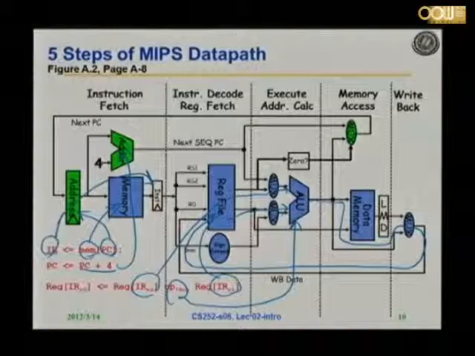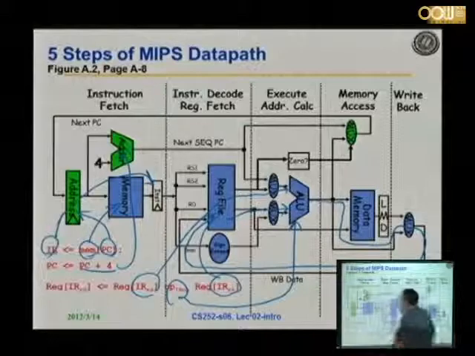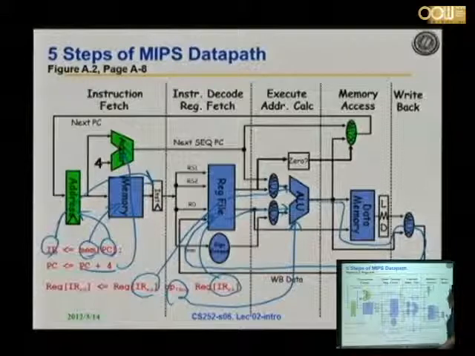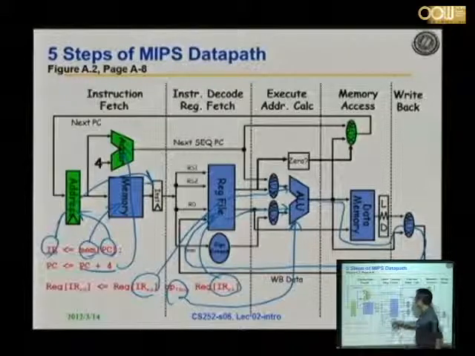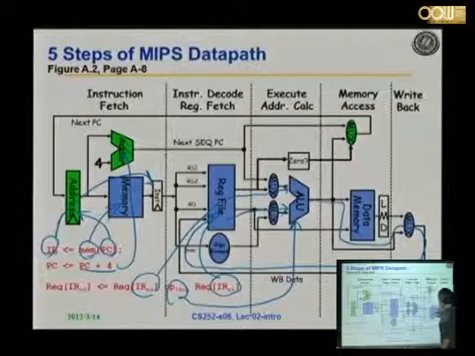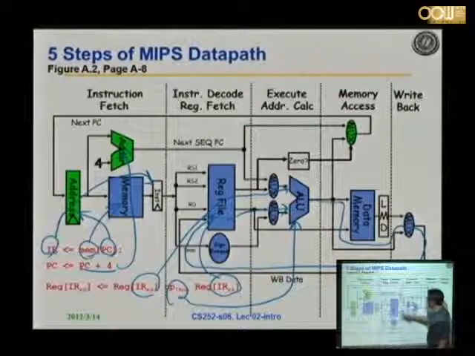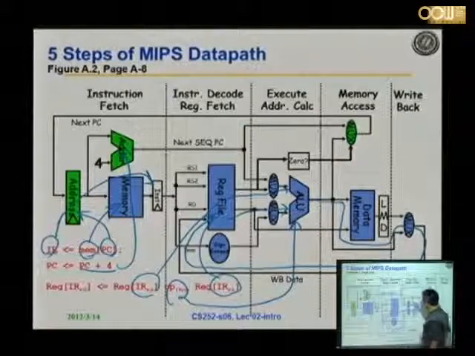And then, after a while, I need a clock to trigger this new PC value in and also the read out instruction into this register. So that takes 1 cycle. And then in the next cycle, I do all these. Does the register file need a clock to trigger it?